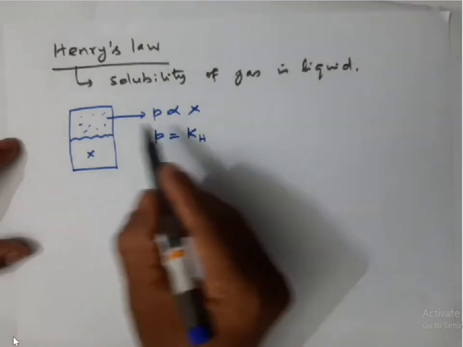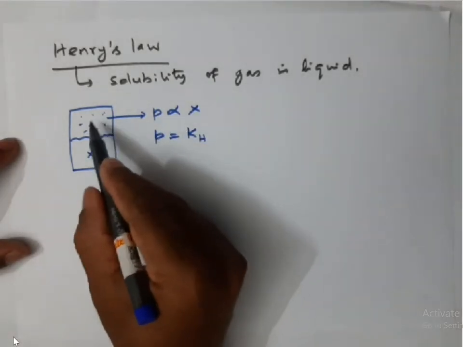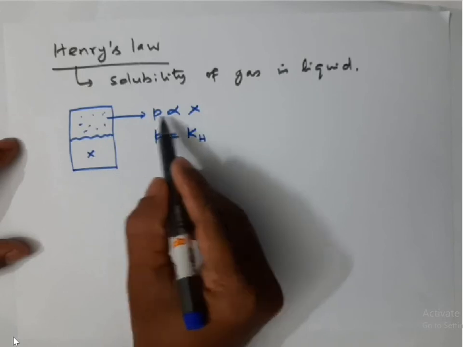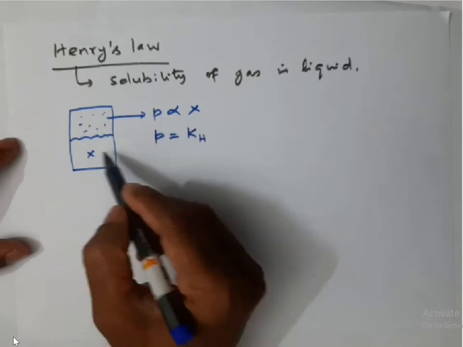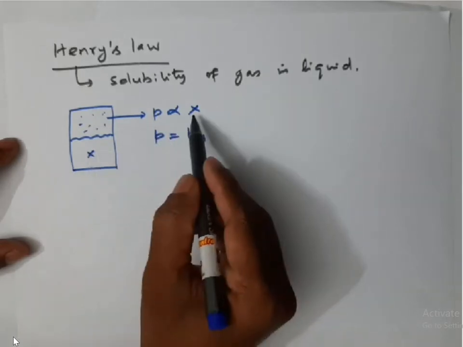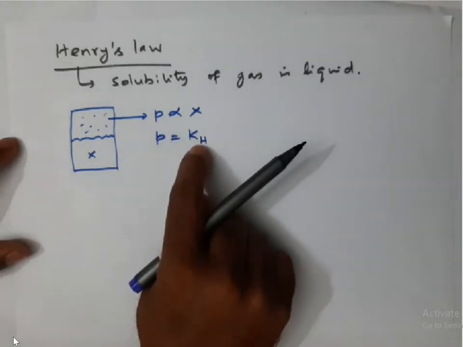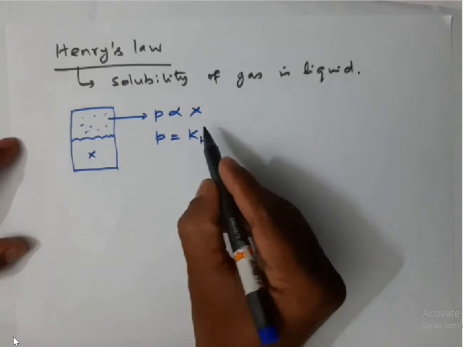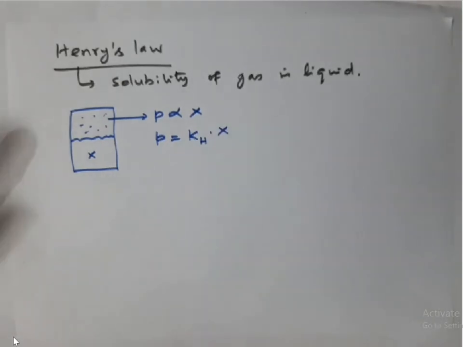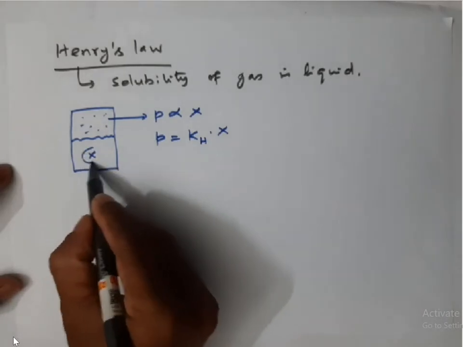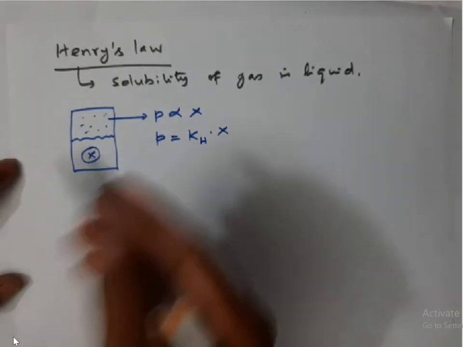Okay, so the pressure exerted by the vapor is directly proportional to the mole fraction of the component in the liquid phase. If we equate this, we introduce a constant called Henry's law constant into the mole fraction of the component in the liquid. As mole fraction increases, solubility increases.